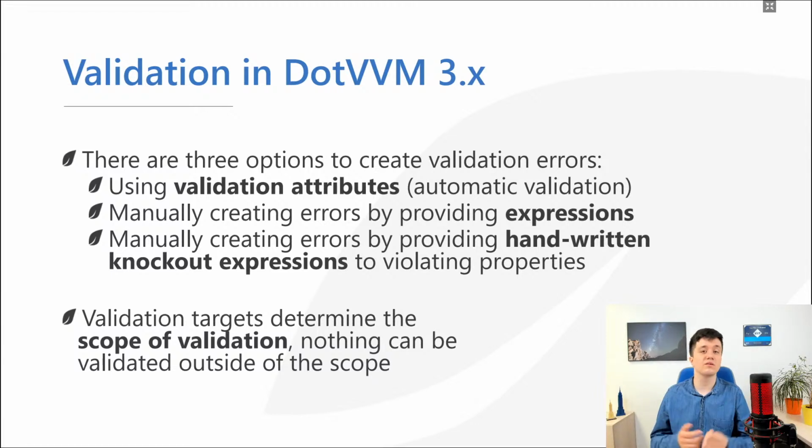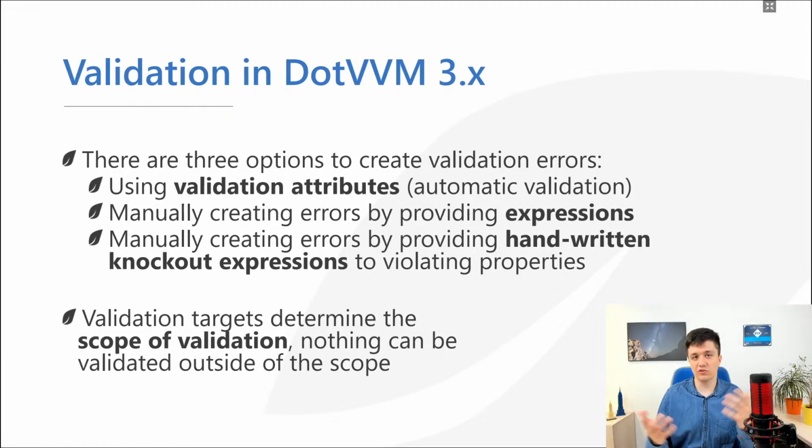So you can, of course, also create validation errors manually. And you can either do it using a compile time safe API by providing a lambda function that points to a property that is in violation where those validation errors should be attached to.